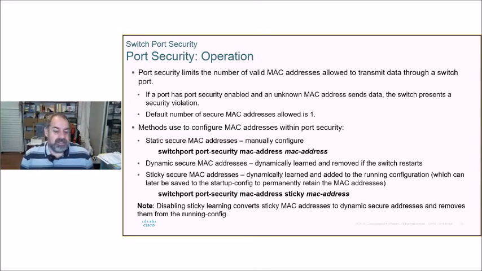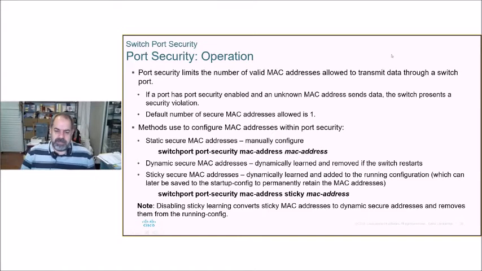There are several ways you can configure what is a valid MAC address. You can do it statically, with the command switchport port-security mac-address, and you supply the MAC address. That's all cool. You can just let it dynamically learn one MAC address and be happy, but that won't stay.